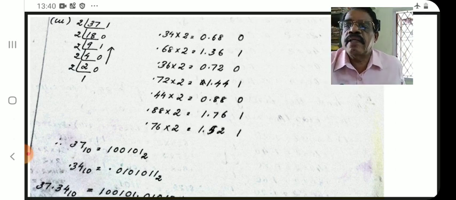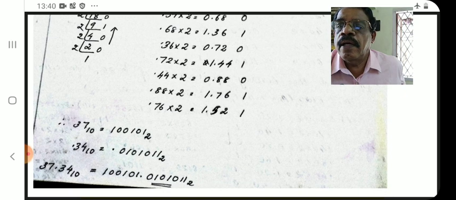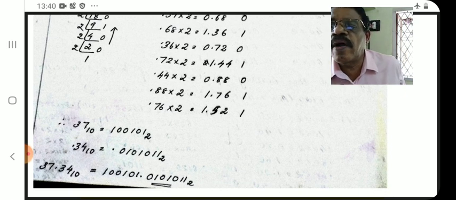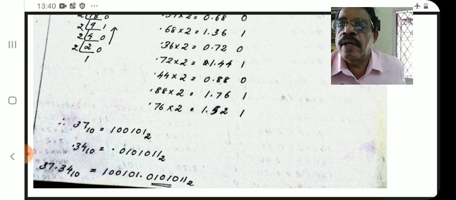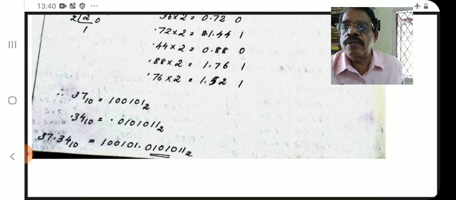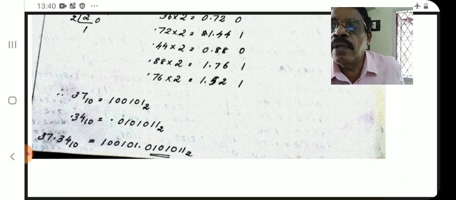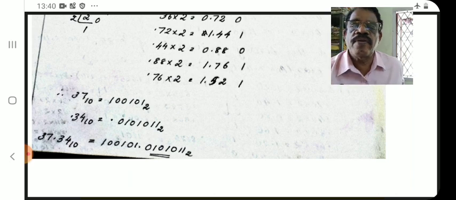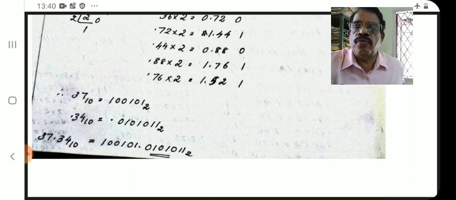For 37 we get 100101, and for .34 we get 0.0101011, as shown here. Therefore, 37.34 is equal to 100101.01010111 to the base 2. So that needs calculation.